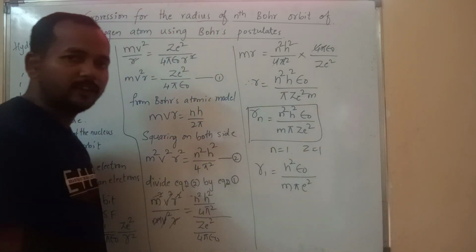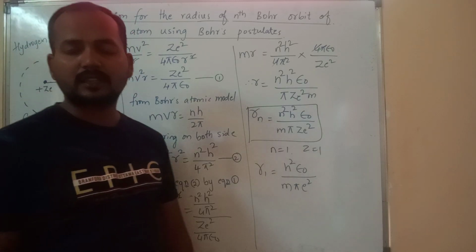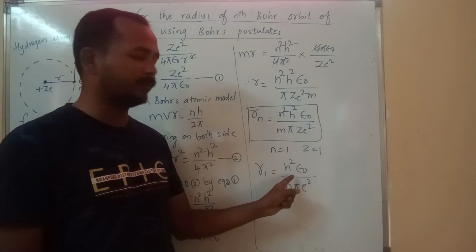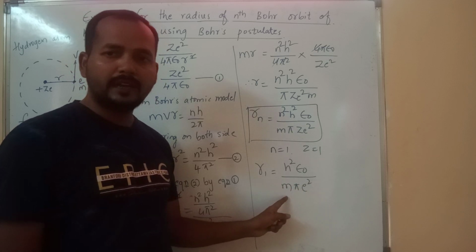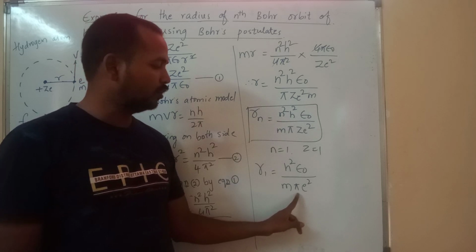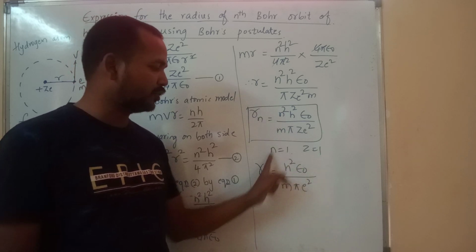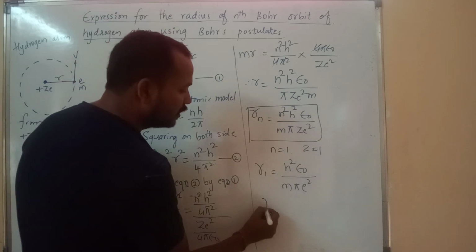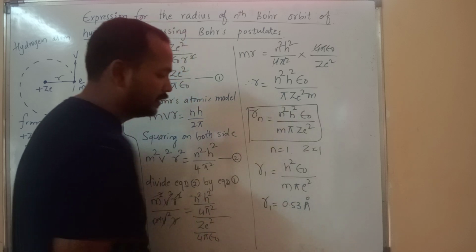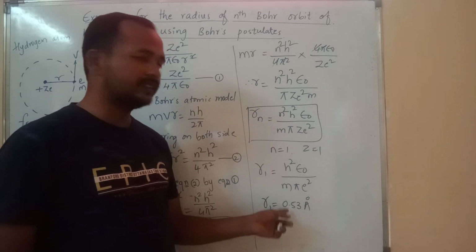We know all these values: Planck's constant is around 6.67 into 10 to the power of minus 34, epsilon naught is 8.854 into 10 to the power of minus 12, the mass of the electron is 9.1 into 10 to the power of minus 31 kg, pi is 3.142, and the electron charge e is 1.9 into 10 to the power of minus 19 coulombs. If you substitute all these values, you get R1 equal to 0.53 angstrom. That is, the radius of the first orbit is 0.53 angstrom.